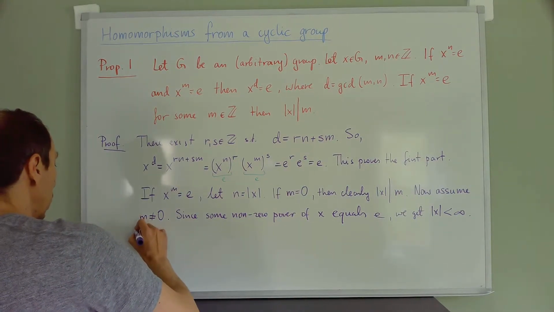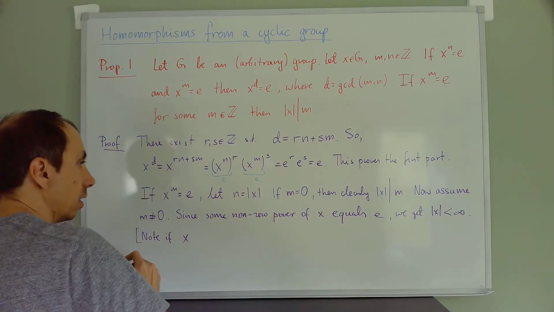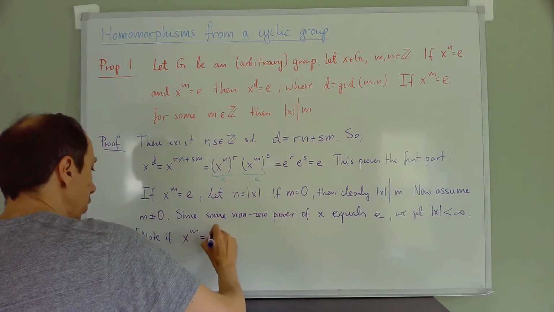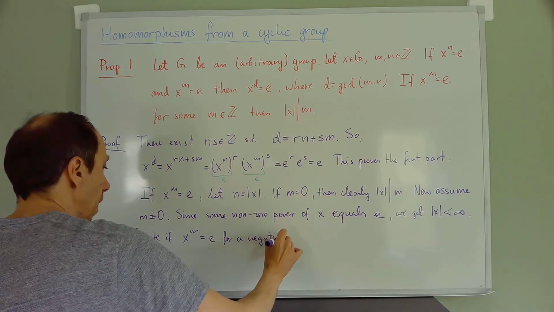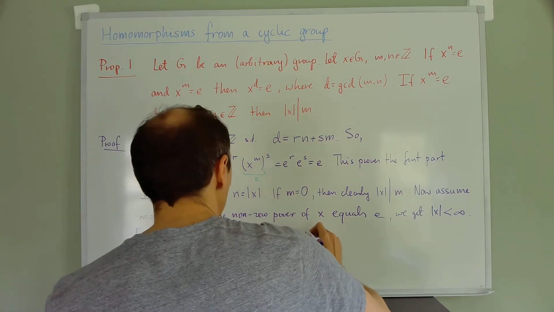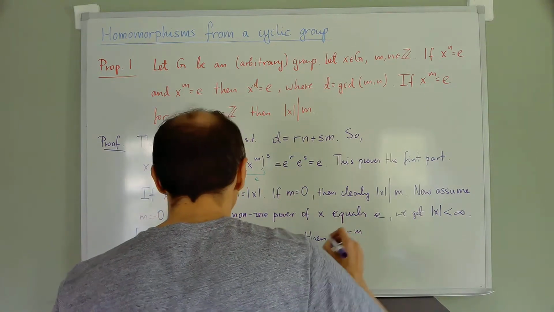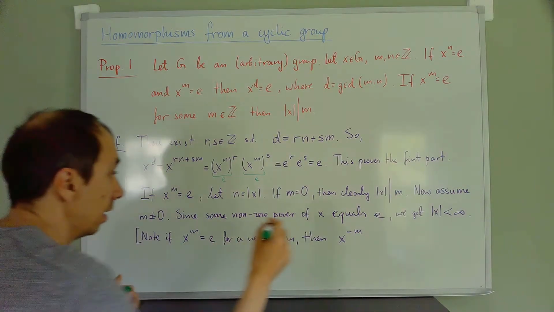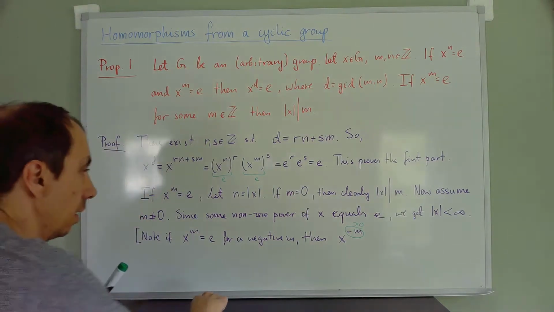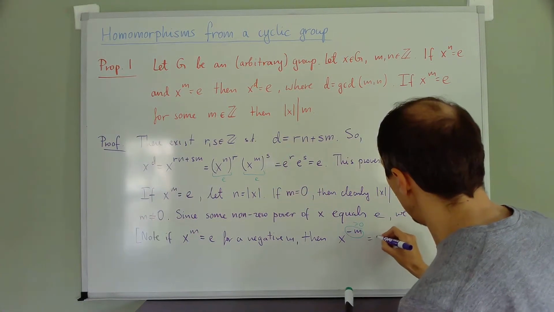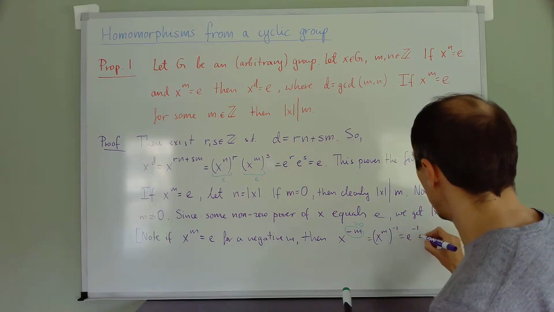Right, so note, if x to the m is equal to the identity for a negative m, then x to the negative m, and this is now positive, is equal to x to the m inverse, which is the identity inverse, so it's the identity.